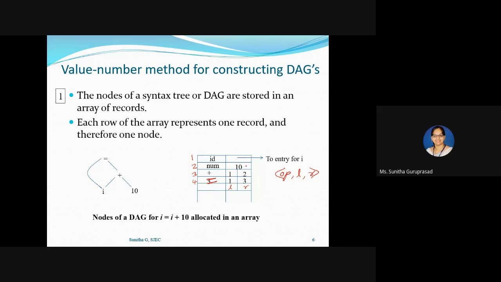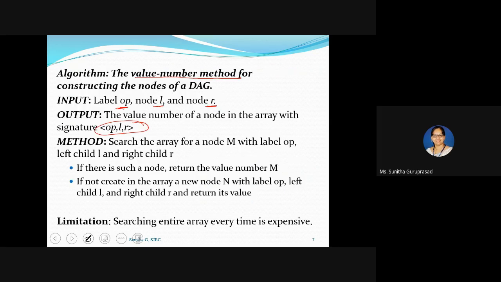If it does not have a left and right child, it will have only the operation code. For ID, it is only the operation code. But in general, the input will be any node with a label OP, or operator, plus, minus and so on, and the left child and the right child.